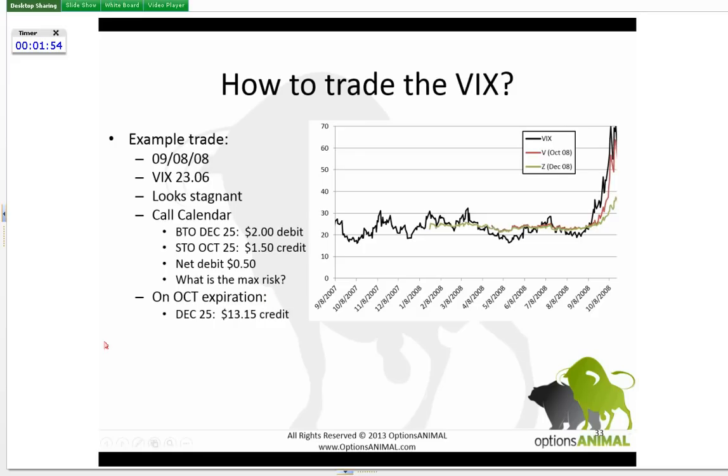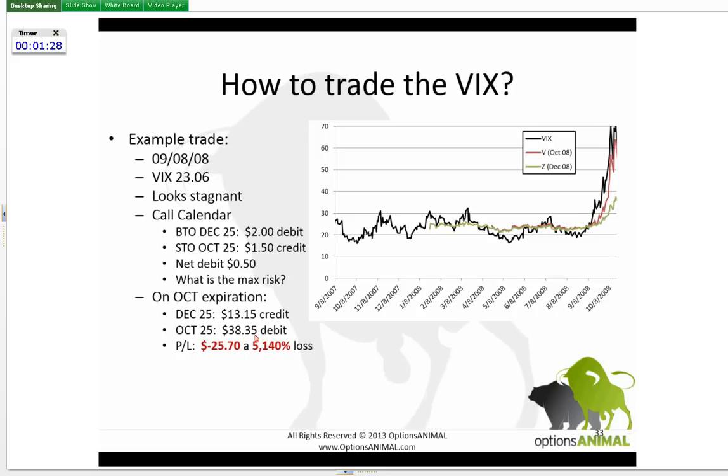On this particular trade, the December 25 call went from $2 to $13. You bought that. It went up. That's good. That makes you happy. However, the October that you sold for $1.50 is now $38.35. And this trade, which people did, ended up losing $25.